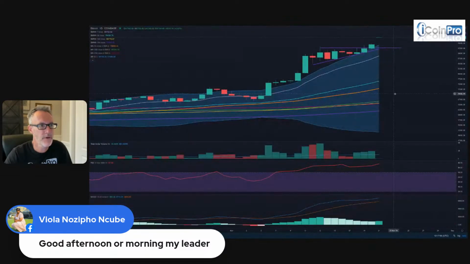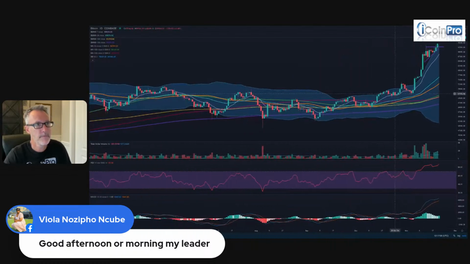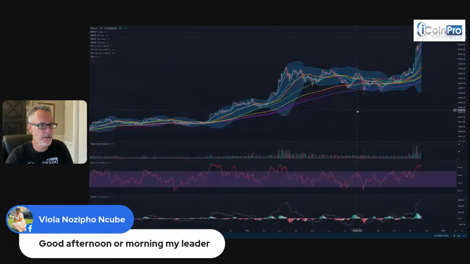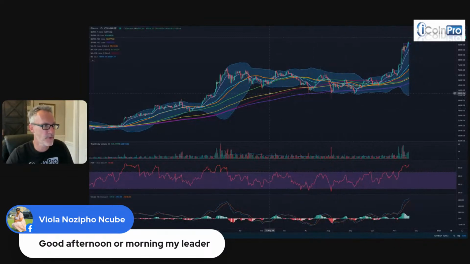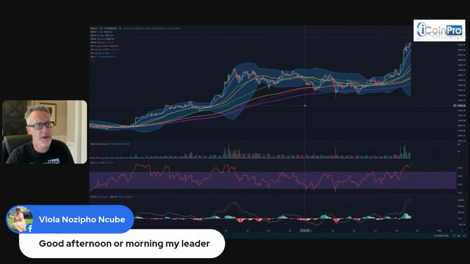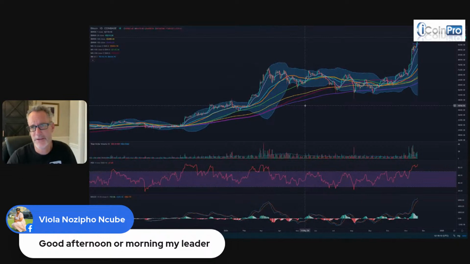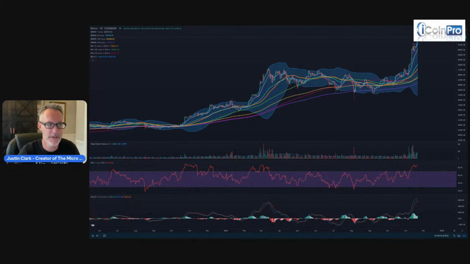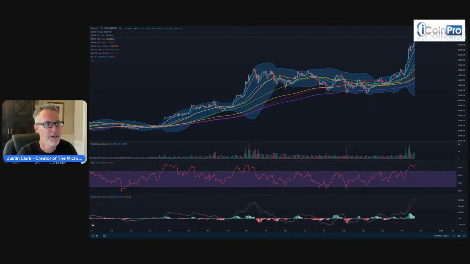To quickly cover how this works, you'll see all of these lines here, these purple, maroon, gold, green. These are moving averages. How they're calculated, what they are exactly, I'm not going to get into. You just need to know how to use it. It's like a TV. Nobody knows how a TV works. We know how to turn it on and watch our favorite show.